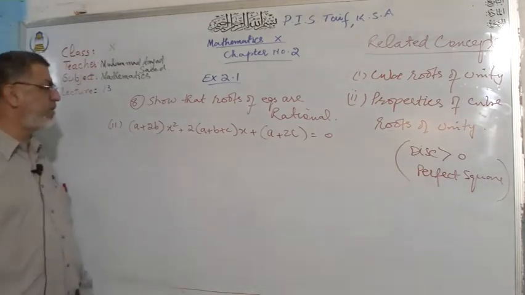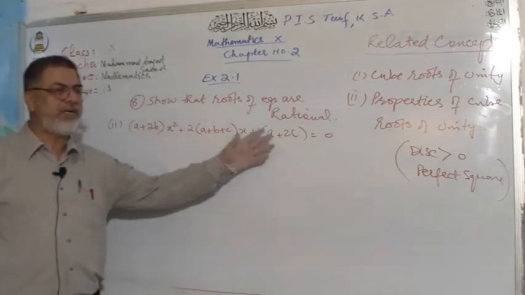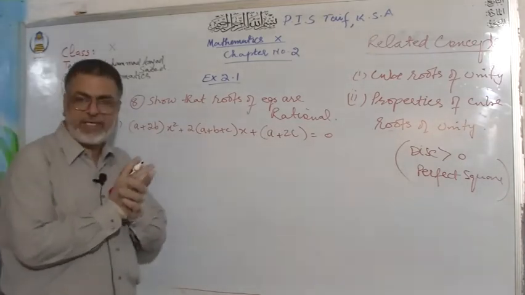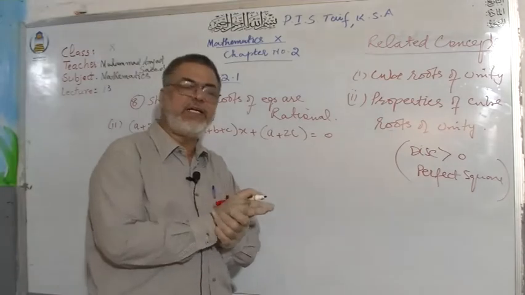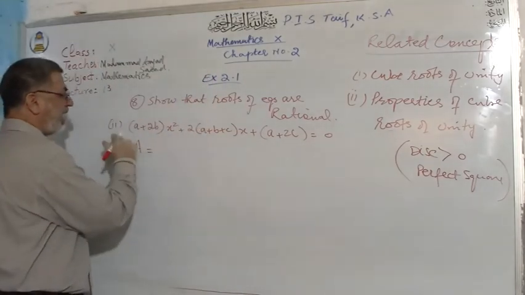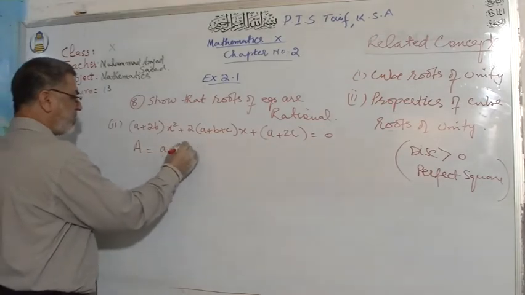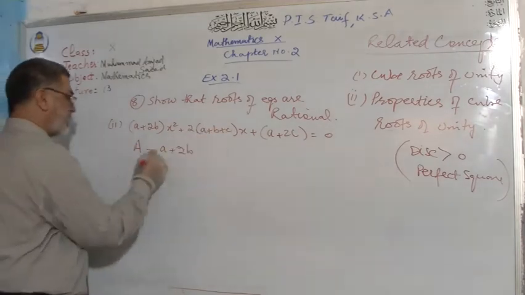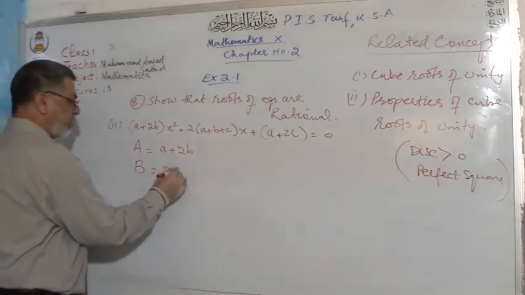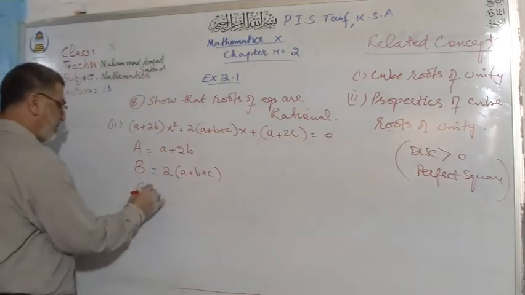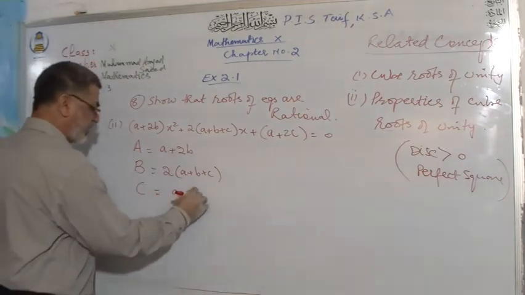Remember that we already have small abc in your equation, so it is better to take capital ABC for writing down the disc. So let the coefficient of x square be a plus 2b, that was A, and coefficient of x is always B, 2 into a plus b plus c, then capital C is a plus 2c.